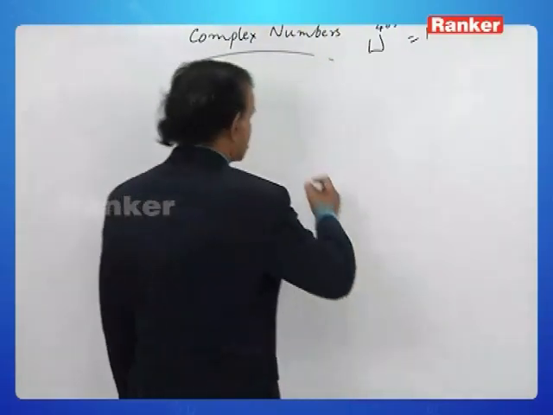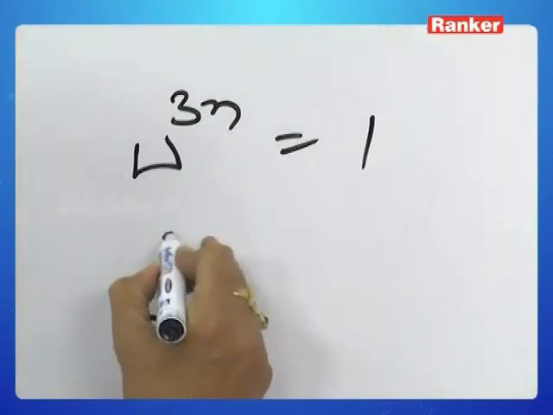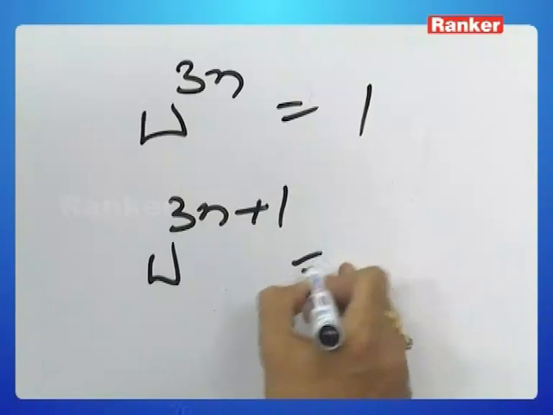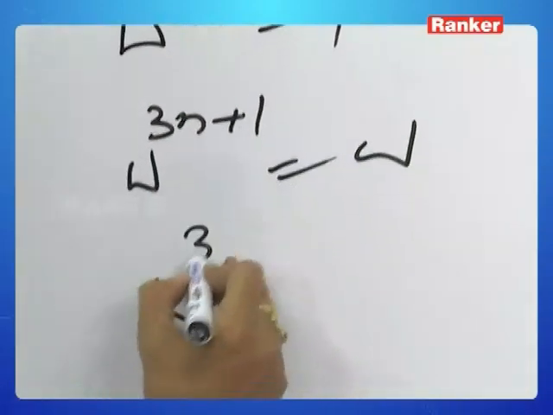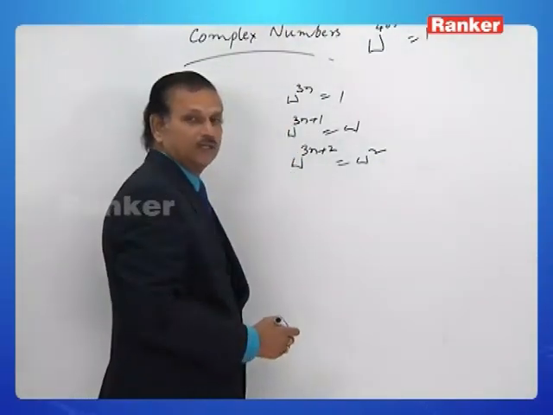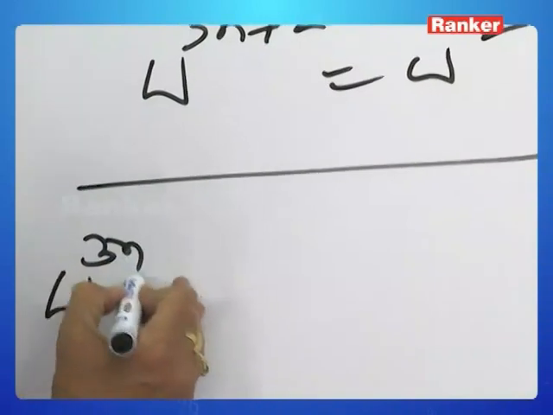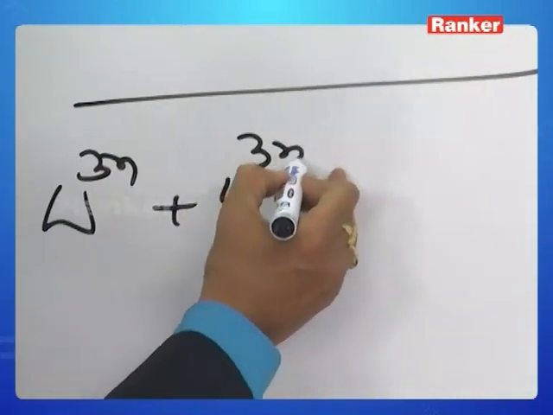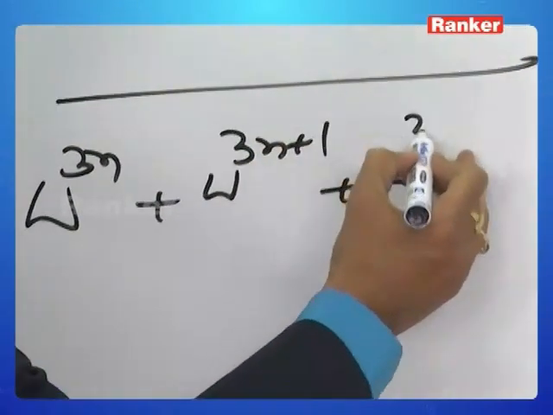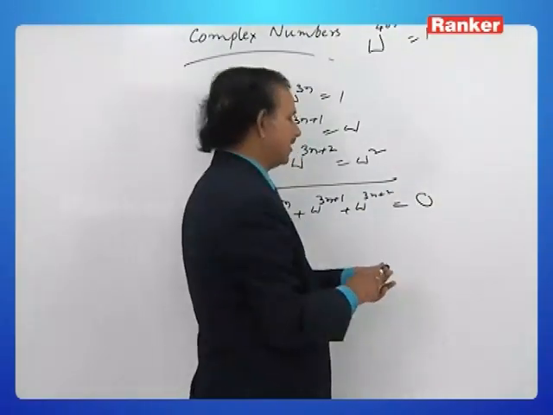Just now we have discussed that omega power 3n is equal to 1, omega power 3n plus 1 is equal to omega, omega power 3n plus 2 is equal to omega square. Well, let us add these. What is going to happen? Omega power 3n plus omega power 3n plus 1 plus omega power 3n plus 2 is equal to 1 plus omega plus omega square, which is equal to 0.